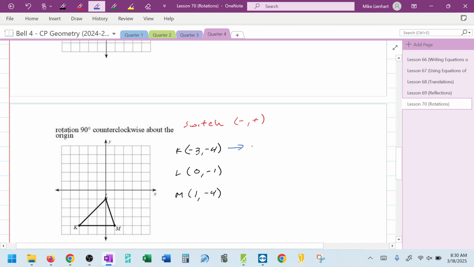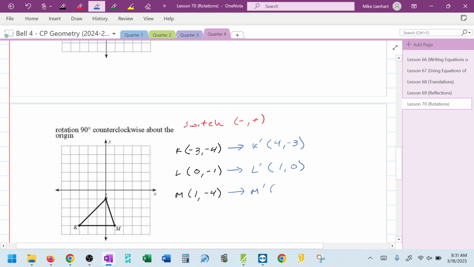I know that K becomes K prime. I have to switch and opposite the first. So it's going to be switch, move the 4 and the 3, and then opposite, that's 4, keep, -3. L prime, switch. So I'm at -1, 0, but then I have to go opposite, keep, 1, 0.